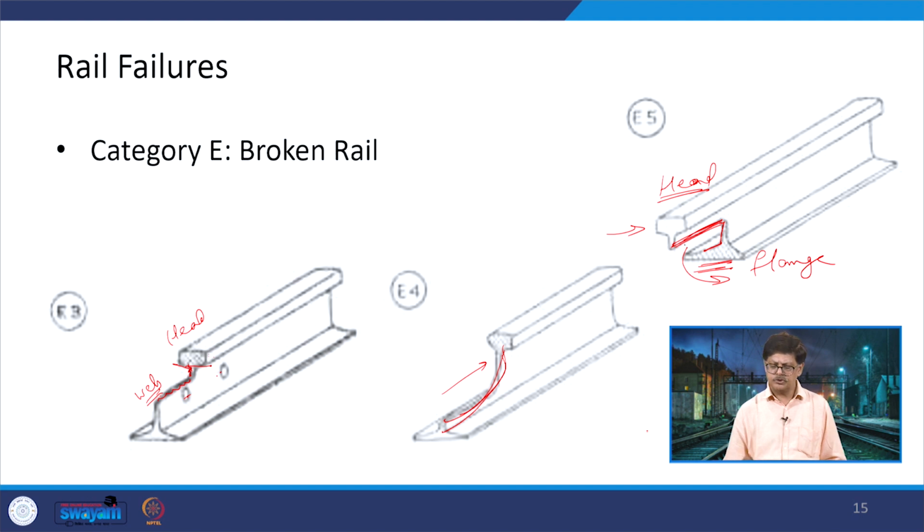So, now there is no support at this point. If a load comes at the rail head here, it is obviously going to hog like this, and finally, because no support is there and the loads are much more, the breaking will also occur at this portion.